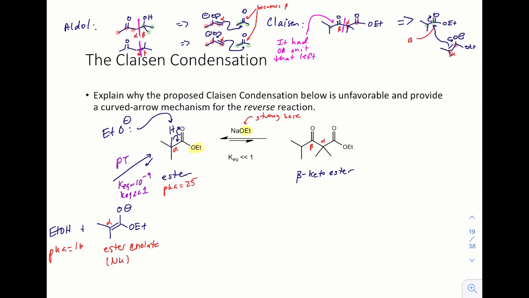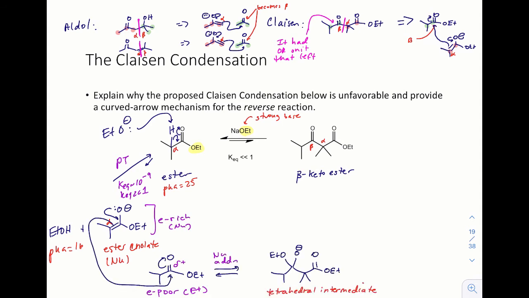Now, the ester enolate reacts with a neutral molecule of itself in a nucleophile addition step. The nucleophile addition step results in this tetrahedral intermediate. Let's map on the carbons together. In green are the carbons of the electrophilic partner from the Claisen condensation, the nucleophile addition step. In red are the carbons of the nucleophilic partner of the same step.